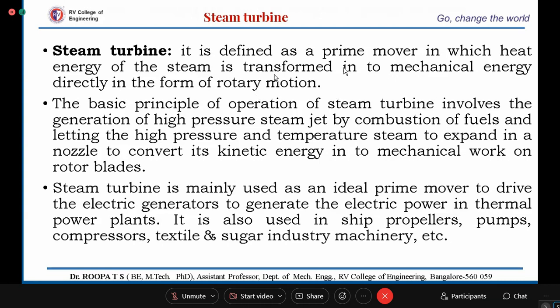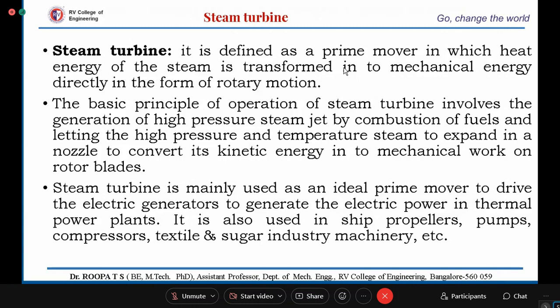The basic principle of operation of a steam turbine involves the generation of a high pressure steam jet, which is obtained by combustion of fuels, and letting that high pressure and high temperature steam expand in the nozzle to convert the kinetic energy into mechanical work.